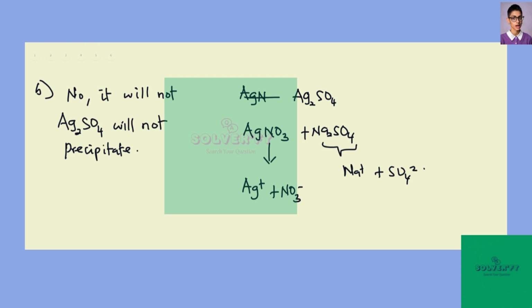Since silver is not on the list, even if we have a reaction between silver nitrate and sodium sulfate, we will form silver sulfate and sodium nitrate. And silver sulfate is soluble, so it will not precipitate.